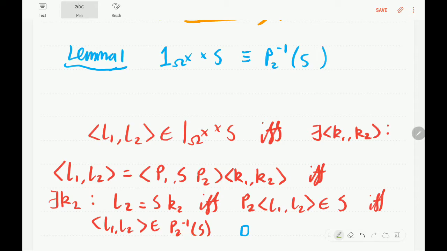So that completes our proof of lemma 1, because we've essentially shown that this general arrow is in identity times S, if and only if it's in the pullback of S along P2. Now, this is a lemma which is kind of useful in general, and notice that there's some kind of interesting connections between this and the idea of doing extensions over formulas where you're including kind of redundant variables.